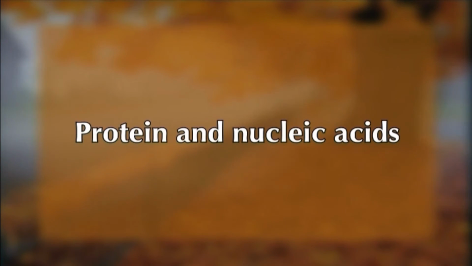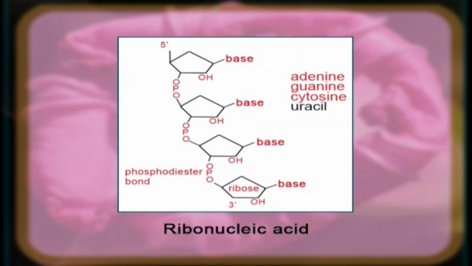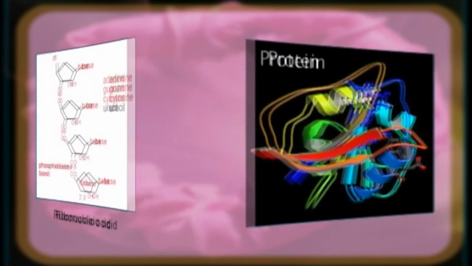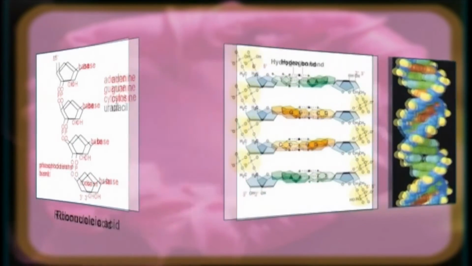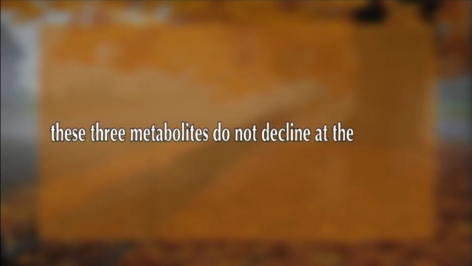Number 4, proteins and nucleic acids. The most basic of all events accompanying senescence is the decline in protein and nucleic acid levels. It has been shown that although there is a decline in protein, RNA and DNA of senescing tissue, these three metabolites do not decline at the same rate.